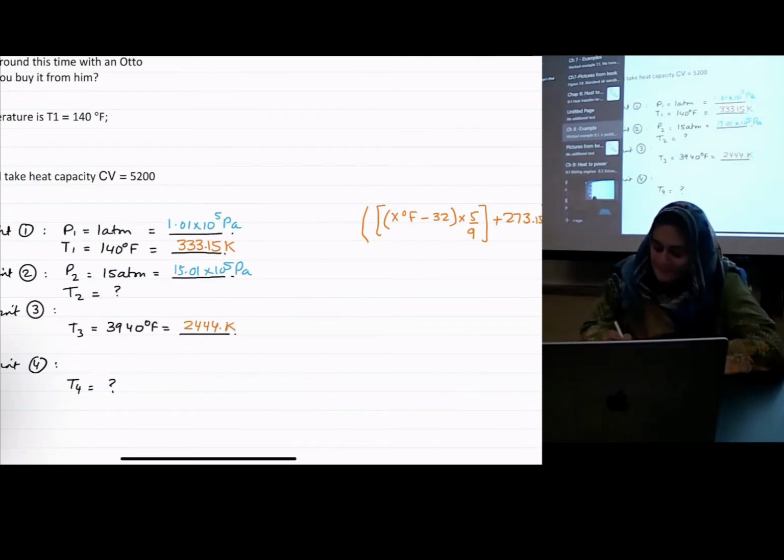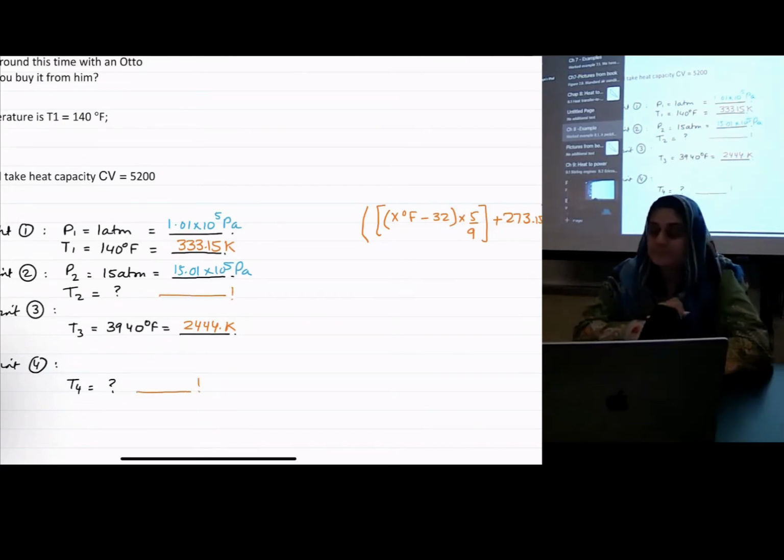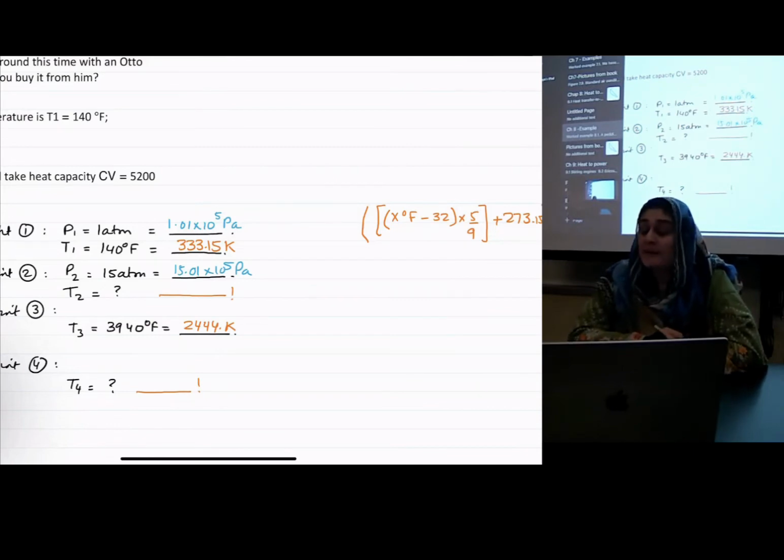Now, problem. We do not know these two. But I made you do something for ideal gases in homework and in class. Do you guys remember? That had gamma in them.